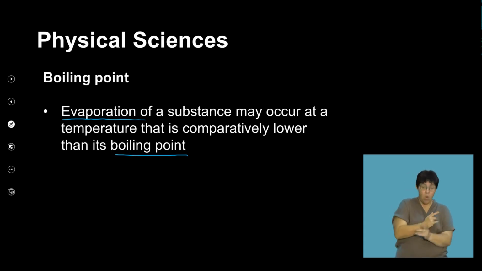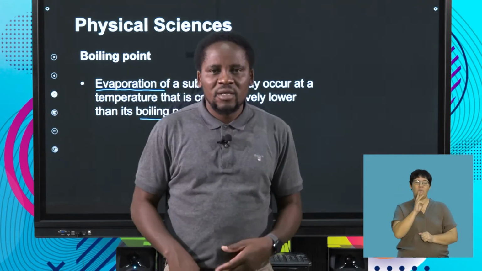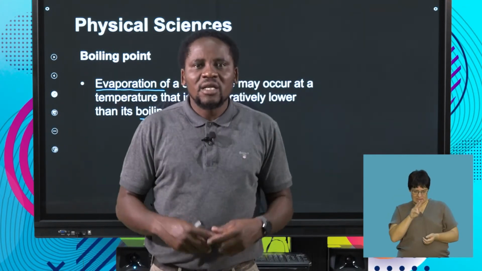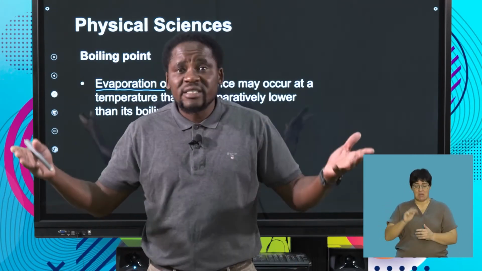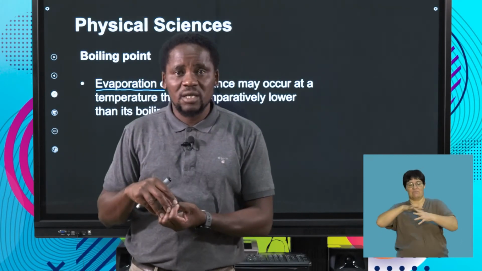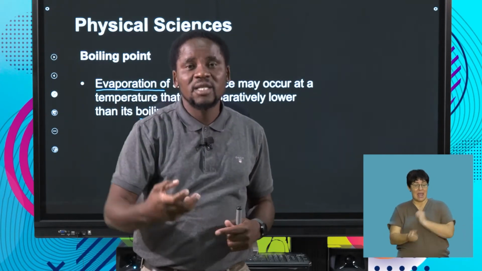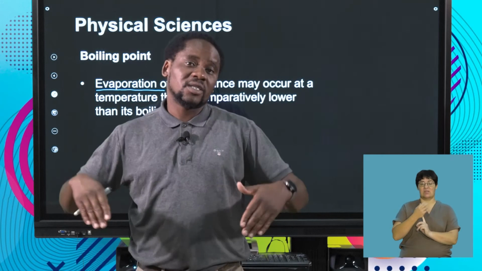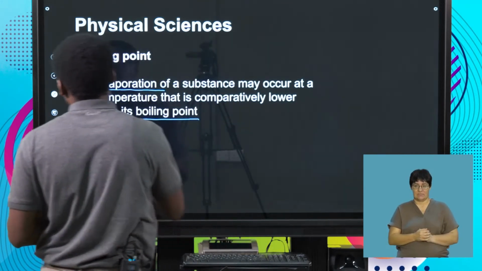Because this is entirely dependent on the conditions under which it takes place. If you think of the boiling point of water, ordinarily you would say it's 100 degrees Celsius, but it can actually be less than that, say 97. So it depends on the atmospheric pressure. So the conditions under which the process takes place will influence the temperature at which that process actually occurs. Very, very important point, right?